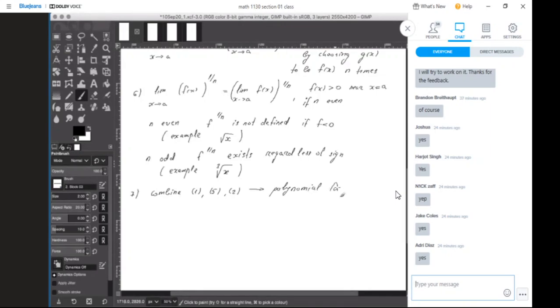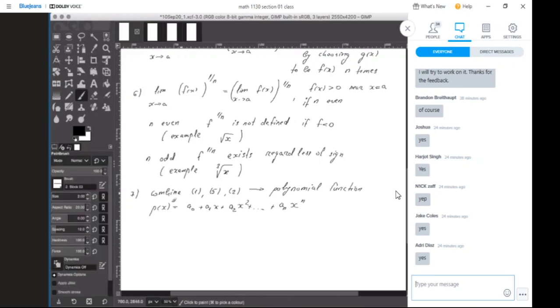polynomial functions. So basically p of x looks like a0 plus a1x plus a2x squared plus, until we get all the way to an x to n.